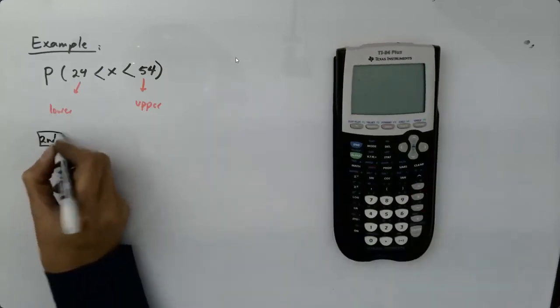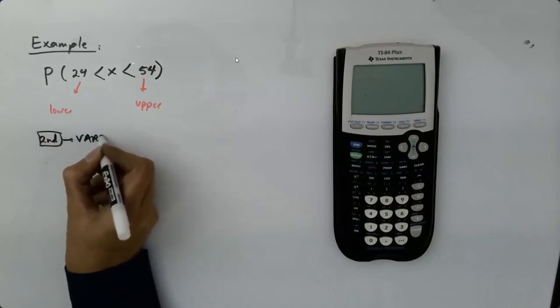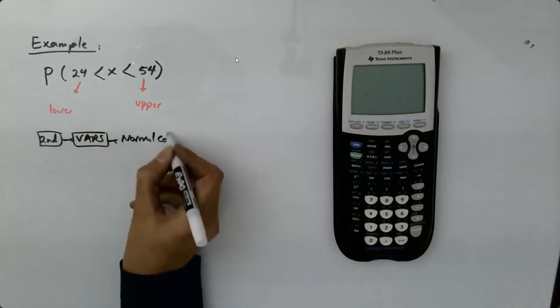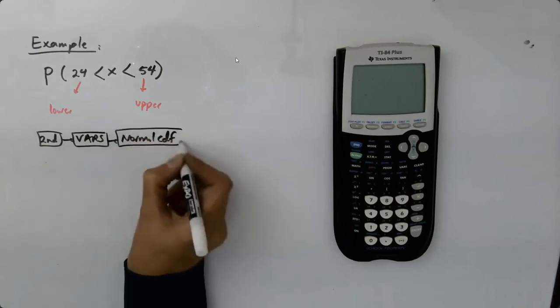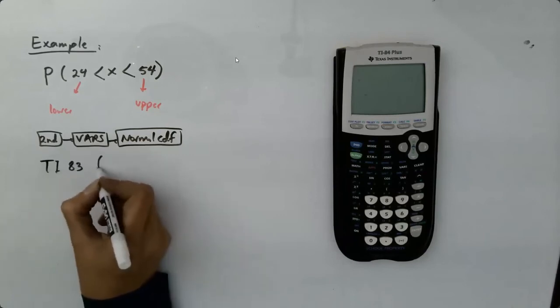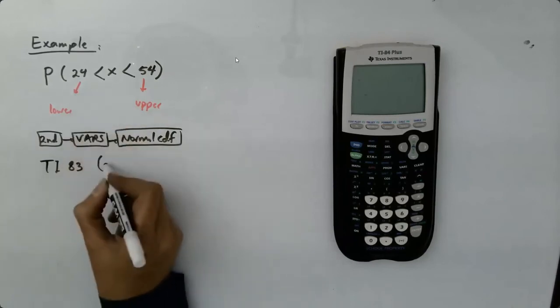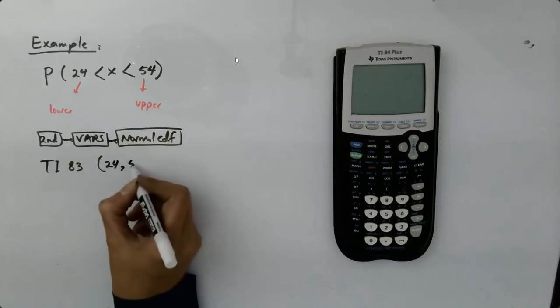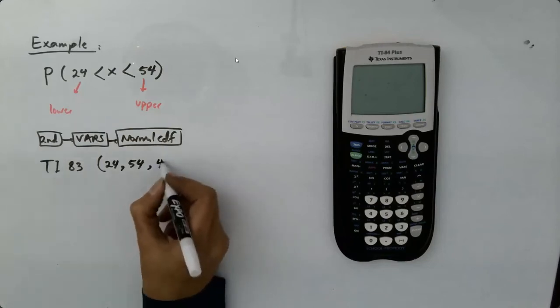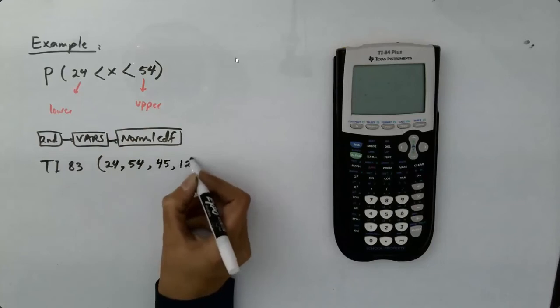If you're using TI-83, just use parentheses, your lower limit, your upper limit, and the mean, which is 45 minutes, and the standard deviation is 12.